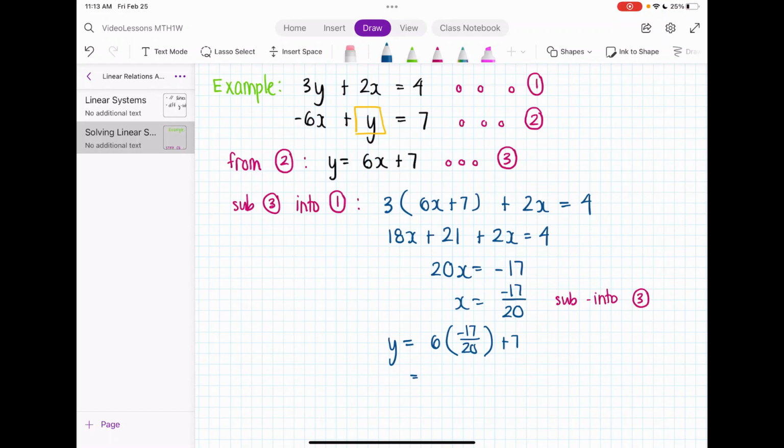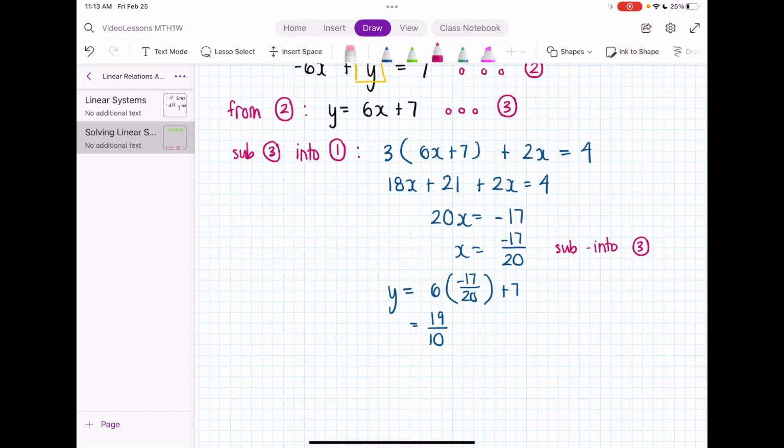Okay, so when we put that into our calculators, we will get y equals 19 over 10. And then that gives us our solution. Therefore, the solution is negative 17 over 20 and 19 over 10.